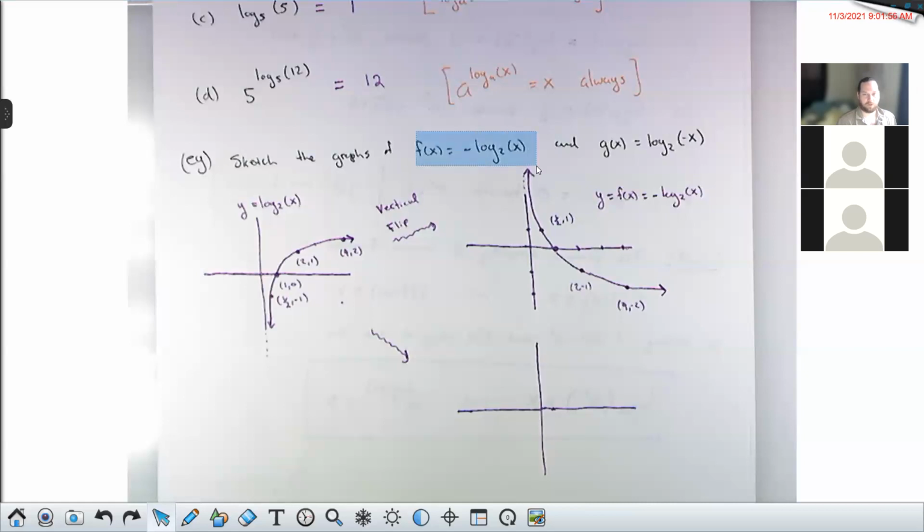We said this guy is a vertical flip, a vertical reflection, because we multiplied on the outside by -1.